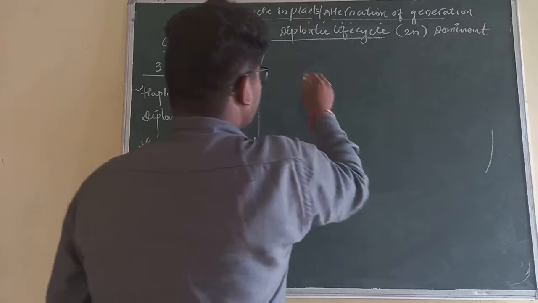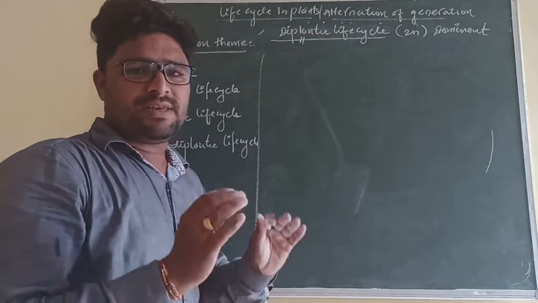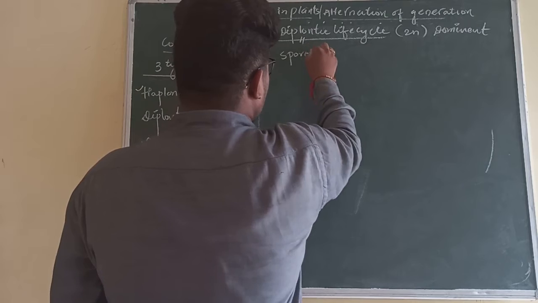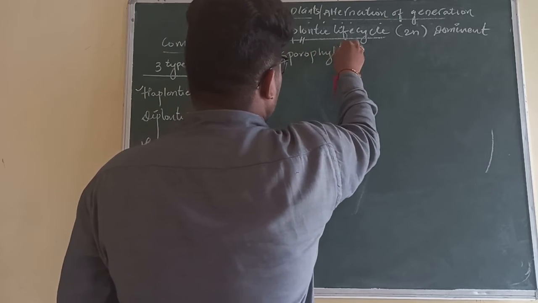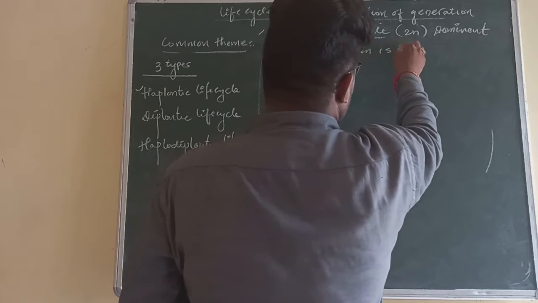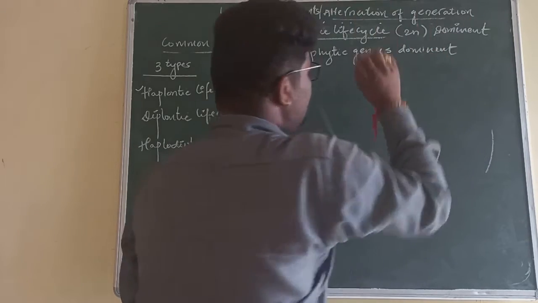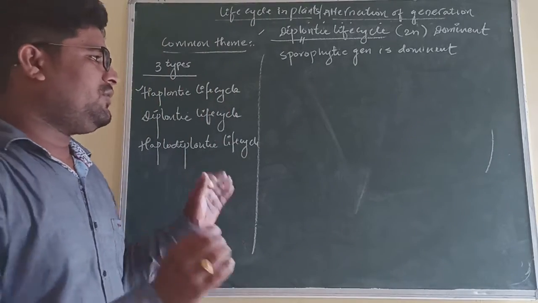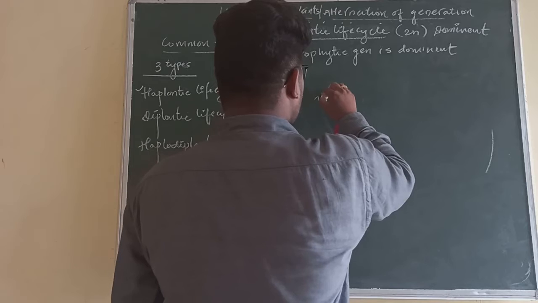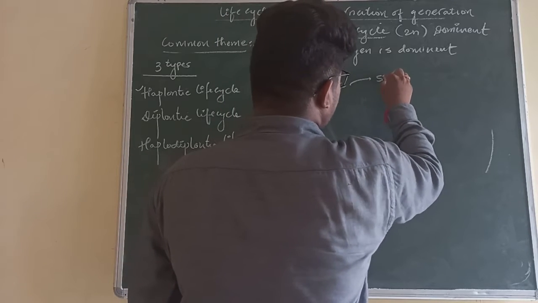Which stage is diplontic? The sporophytic stage is diplontic. Sporophytic generation is dominant. See how? There is a formation of zygote, and zygote further forms sporophyte. Very simple.